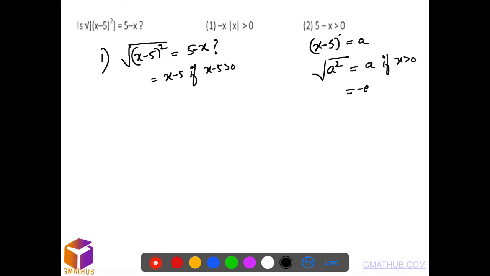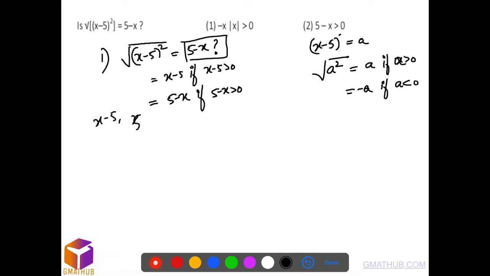It will be equal to minus a if a is negative, so it will be equal to 5 minus x if 5 minus x is positive. Okay, so now if you see, we are simply checking out of x minus 5 or 5 minus x, which one is positive. That's what we are checking.